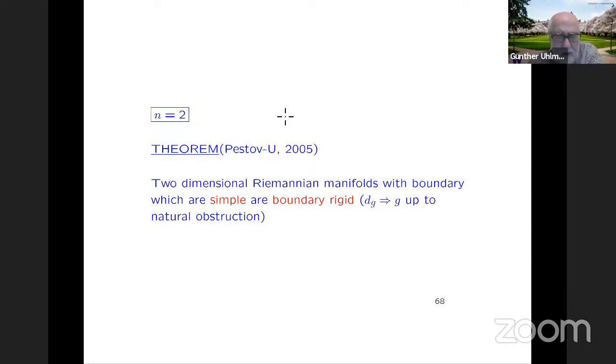But I think these two problems are related, and this relation was found, some relation was found in this paper with Pestov, in the two-dimensional Riemannian manifold with boundary, which are simple or boundary rigid. This is Michel's conjecture in 2 dimensions.